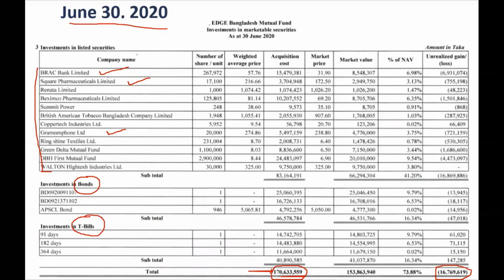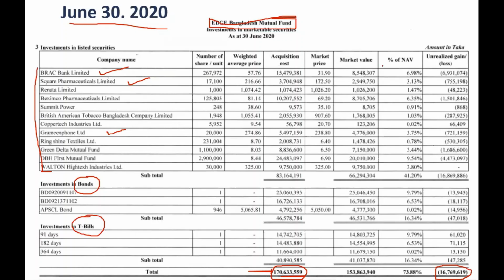Shrink. But their investment has gone down, but their loss has gone up. So don't think that the loss is incurred only by the individual investor. The loss is also incurred by the professional investors who are behind this mutual fund. They are also incurring losses.